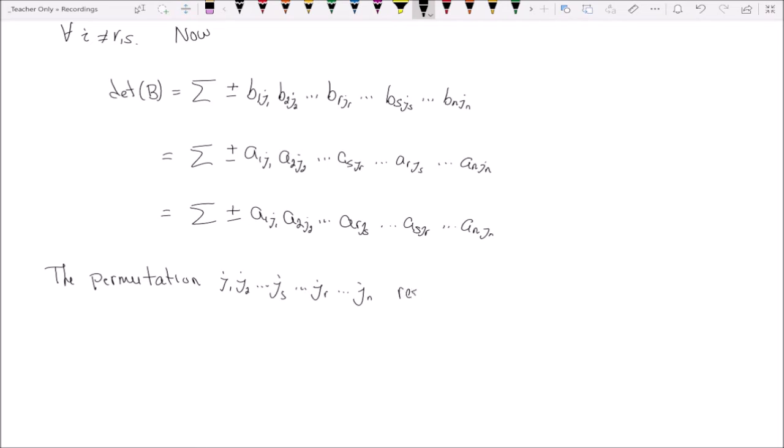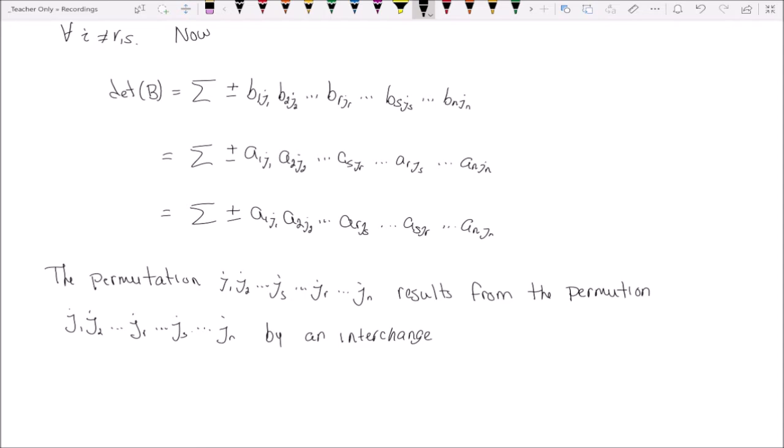This results from the permutation J1, J2, JR, so on and so forth, JS, so on and so forth, JN, simply by an interchange of two numbers.